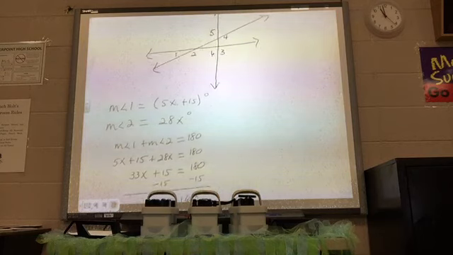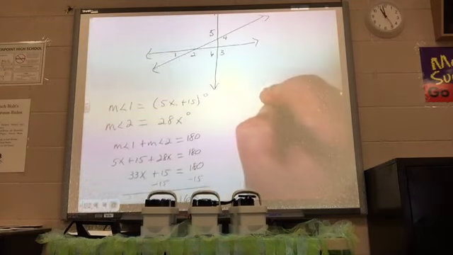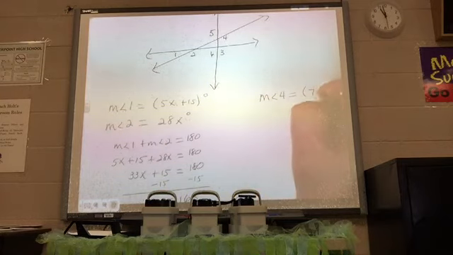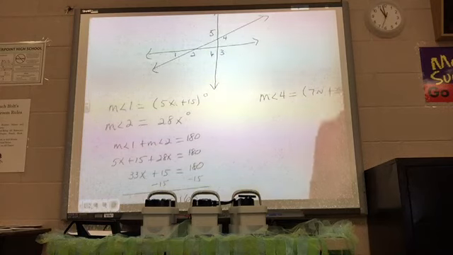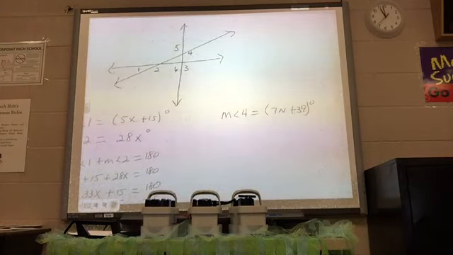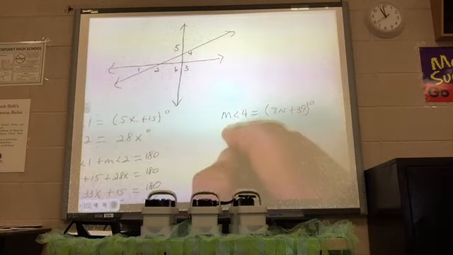Alright, here's another one. The measure of angle 4 is 7n plus 39 degrees.